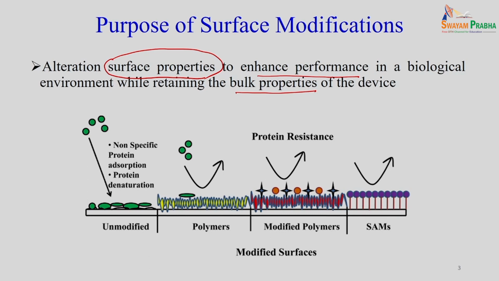So, classically when you talk about the biomaterial, if it is an unmodified one, we may observe non-specific adsorption of protein. It may lead to protein denaturation, which is undesired, and this protein denaturation may lead to biofouling and ultimately failure of the implant. So, to improve this biomacromolecule and surface interaction, initially polymers were coated on the surfaces.